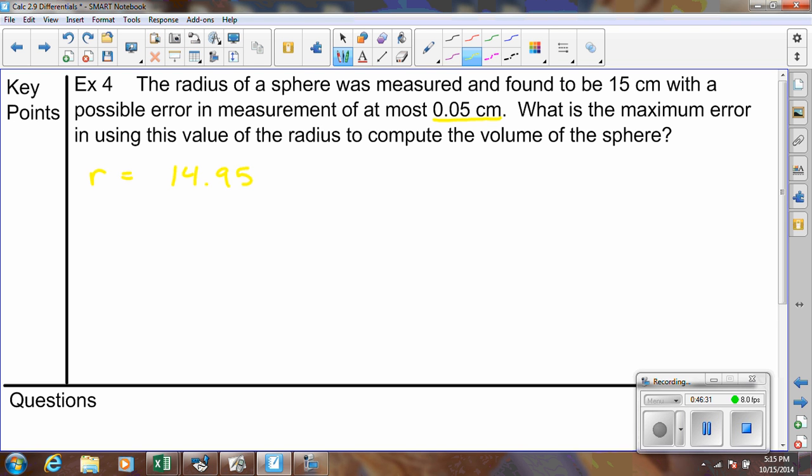Or it could possibly have gone up to 0.05 above, and so we have 15.05. We know the actual radius is somewhere in this interval. So if we start using the volume formula, volume of a sphere is 4/3 pi r cubed.